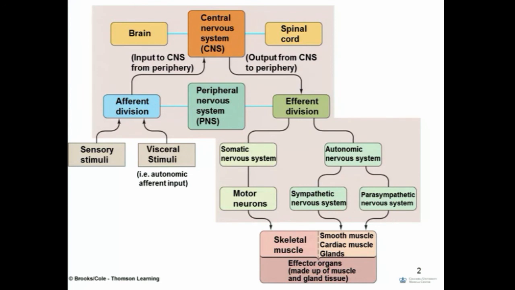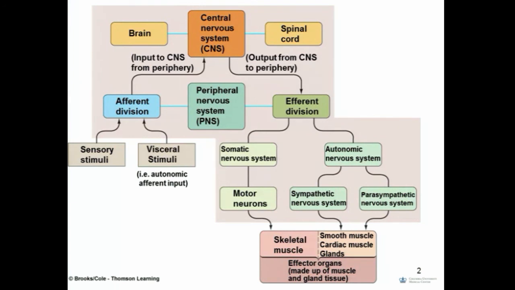And then the efferent division, which is the command division coming out from the central nervous system to the body. Again, there are two divisions. We call them the somatic nervous system, or somatic efferent division, and then we have our autonomic nervous system.